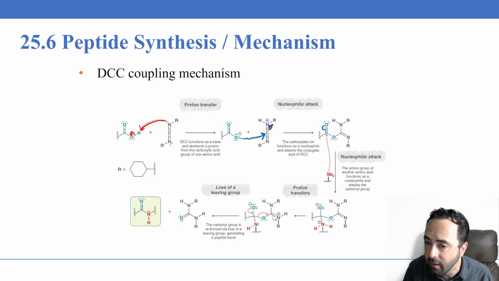Again, another resonance arrow here, showing a pi bond between 2 atoms of differing electronegativity. This makes this a carbocation on this carbon, very attractive to this lone pair on the nitrogen, being a nucleophile.